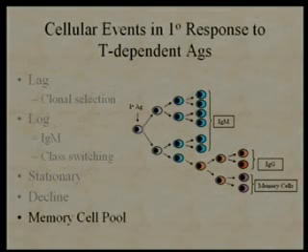Some of these cells actually get reserved into a pool of cells referred to as the memory cell pool. And so what you have after primary exposure, you have an increased pool of memory cells. And these cells are the cells that are going to be available then for secondary exposure to the antigen. So you reserve some of these cells in this memory cell pool.